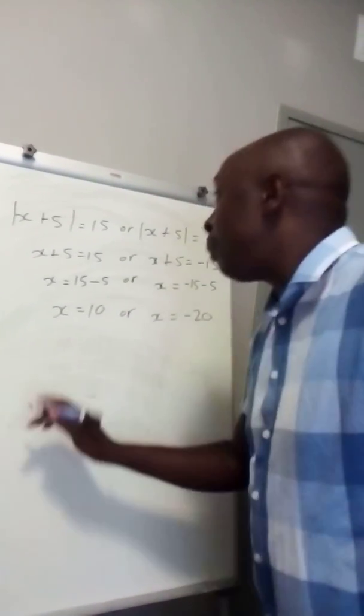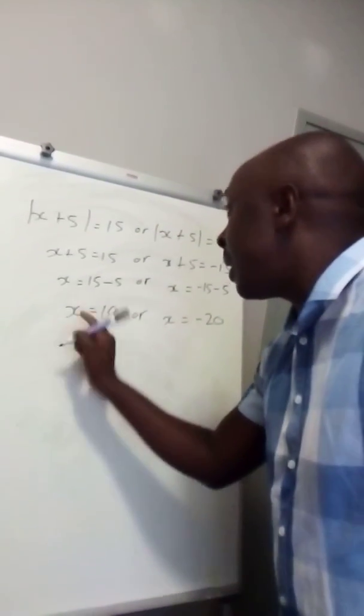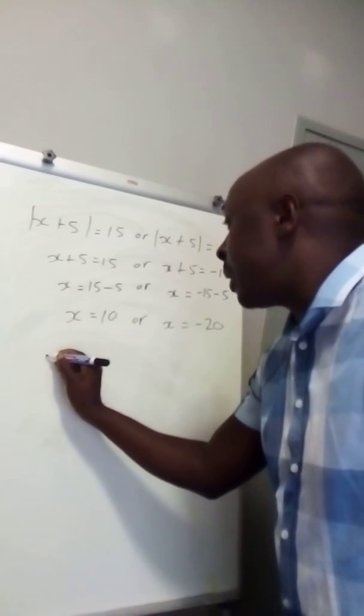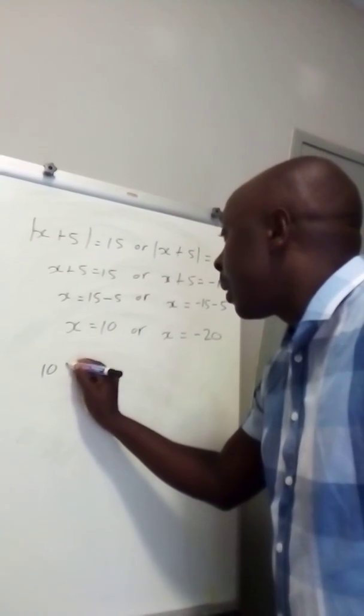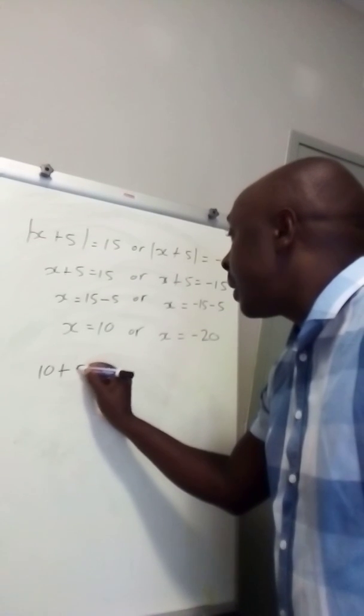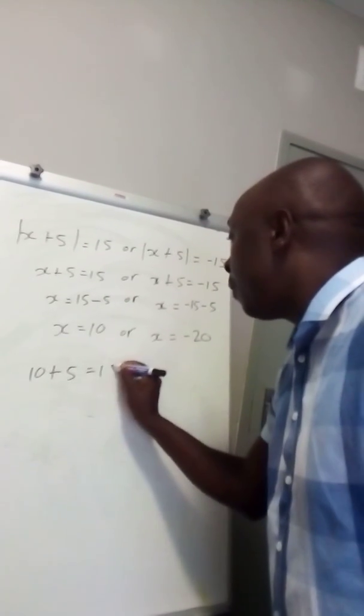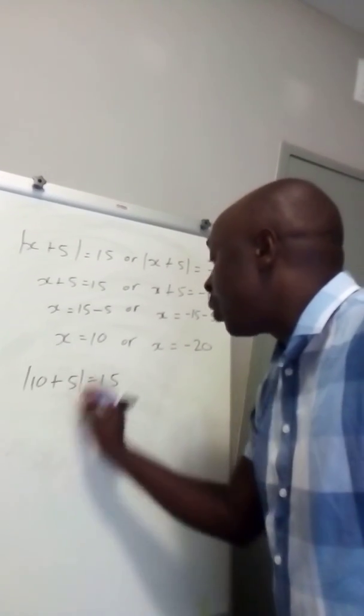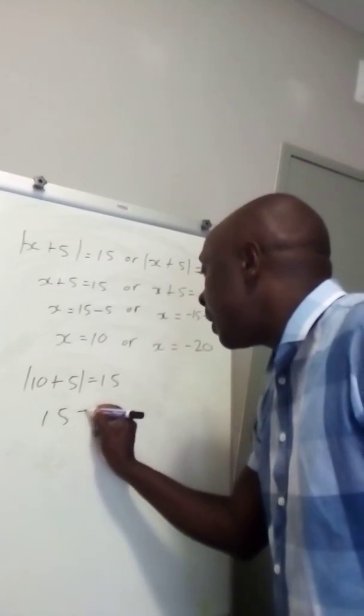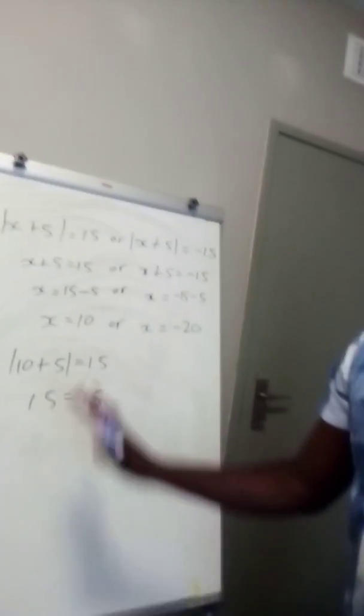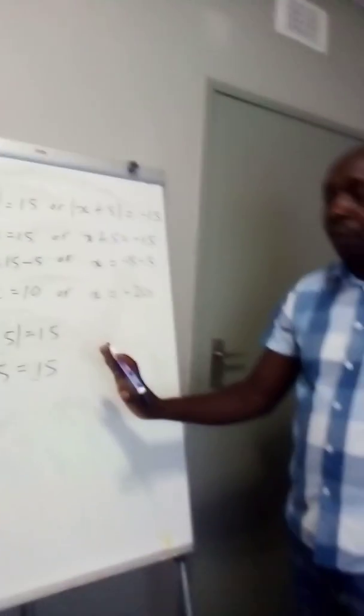So let's try to prove that. Our x is now equal to 10. So 10 plus 5 is equal to 15. Remember, we said absolute value. So 15 is equal to 15. Therefore, it's correct. It's true.